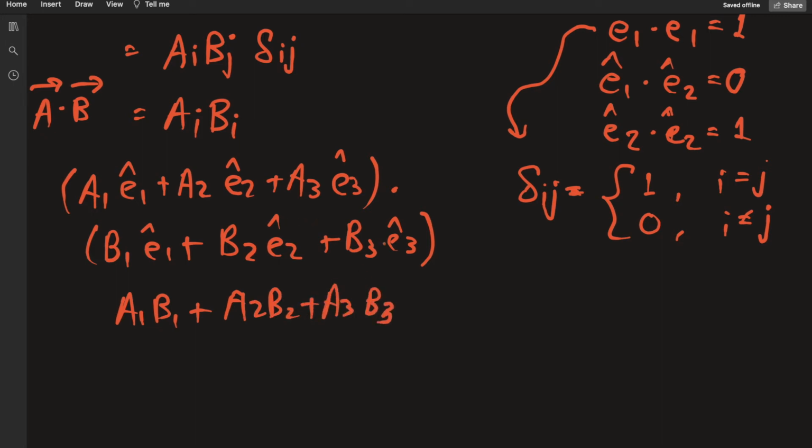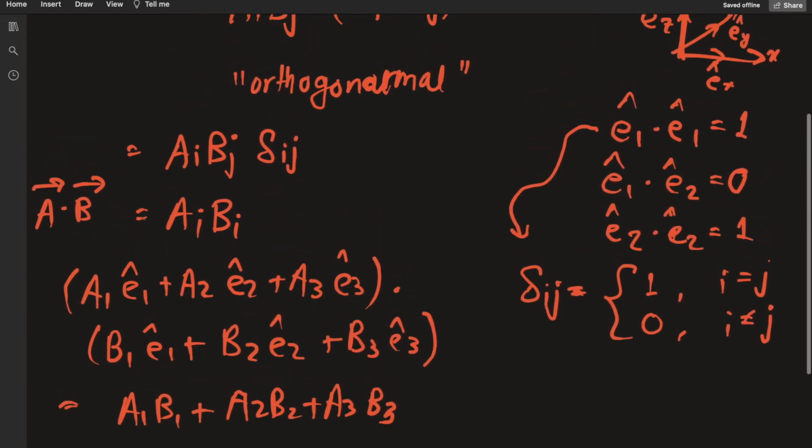And since your dot product returns a scalar, this is a scalar, so in that way it makes sense.